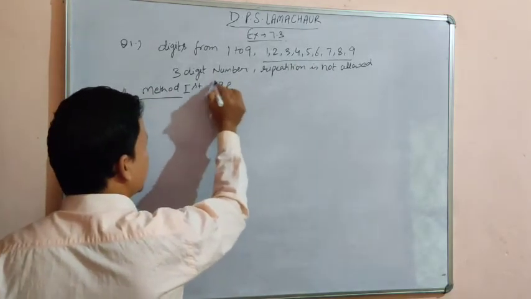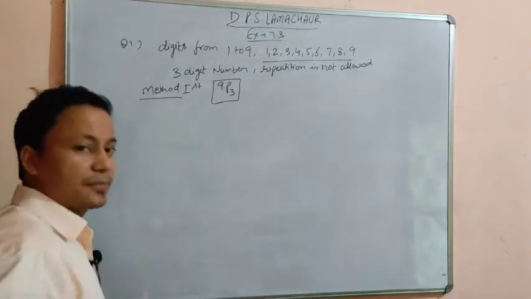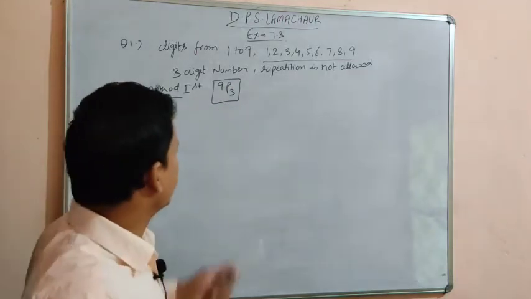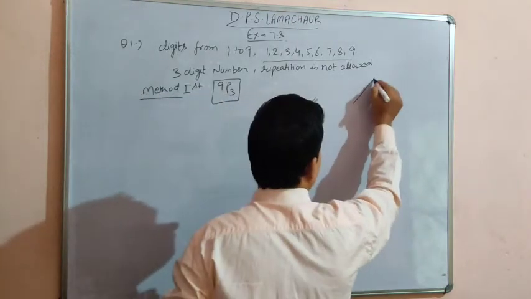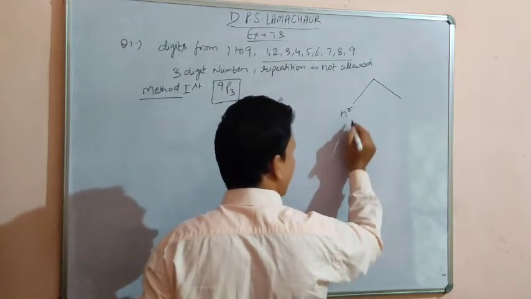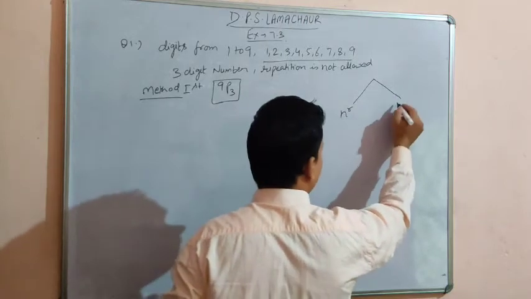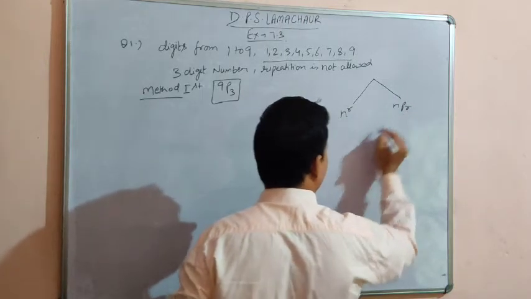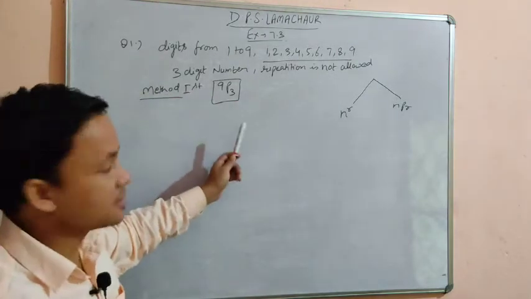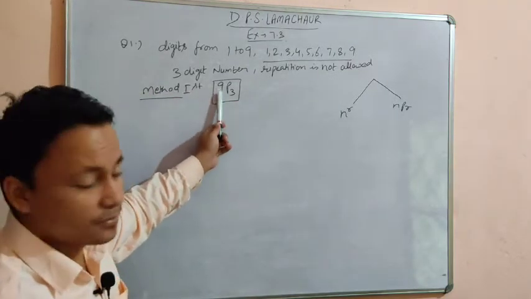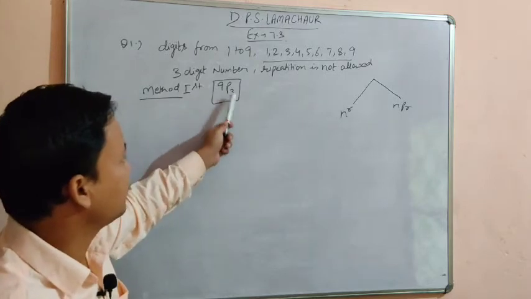So 9P3 are the required permutations. When repetition is not allowed, I have told you earlier, there are two formulae. If repetition is allowed, then the formula is n to the power r, and if repetition is not allowed, then the formula is nPr. So here repetition is not allowed, so the number of permutations out of 9 given objects, taking 3 at a time, is 9P3.